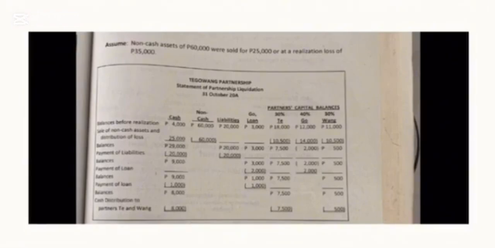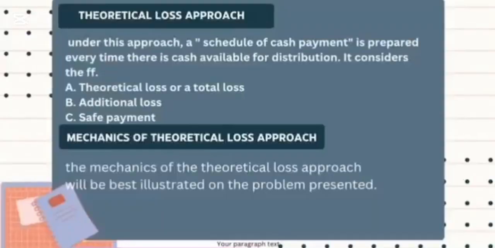So under the statement of partnership liquidation, the balance before realization cash is 4,000 pesos, sale of non-cash assets and distribution of loss 25,000, balance 29,000, payments of liabilities 20,000, balance 9,000, payments of loan 1,000, up to the amount of his combined capital credit and loan balance that appeared in the schedule of cash payment. The amount is being referred to as the safe payment.